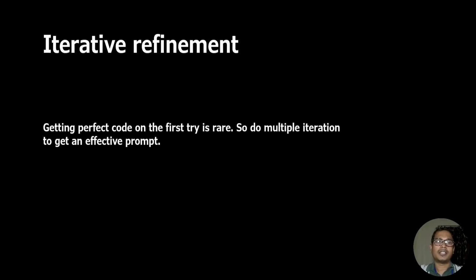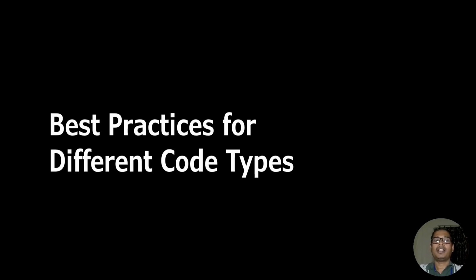Not whatever AI generates, you take that output and use it. Refinement is always a best practice. I think with these techniques, your prompt engineering skills will definitely improve. So I recommend you follow these techniques while you're writing prompts or whenever you are interacting with these AI tools.